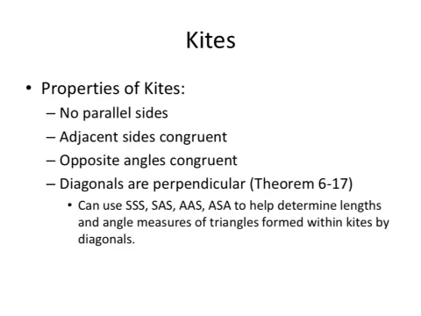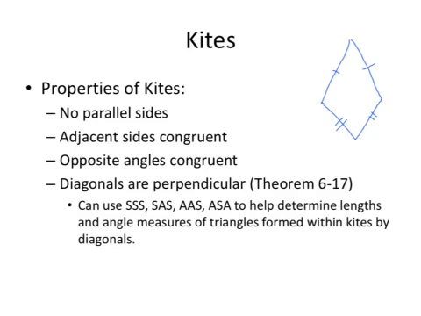Well, kites have no parallel sides, but our adjacent sides are going to be congruent. So if we're drawing a kite, I think I meant to put a figure of a kite in here and I got distracted and never came back to it. We know that adjacent sides are going to be congruent, like this, and then opposite angles will be congruent.